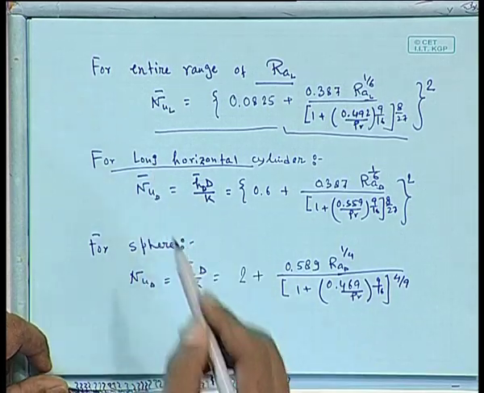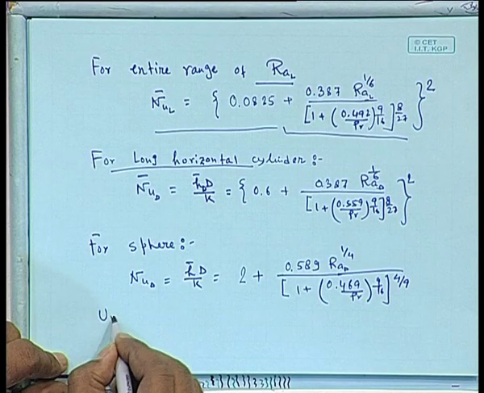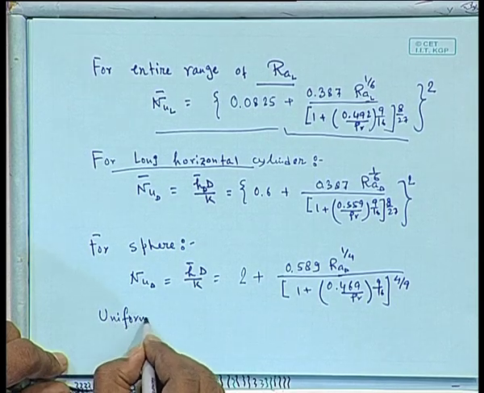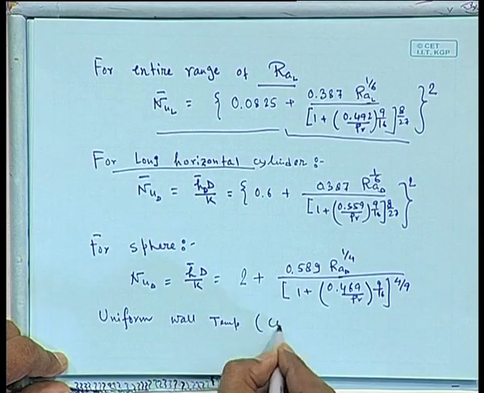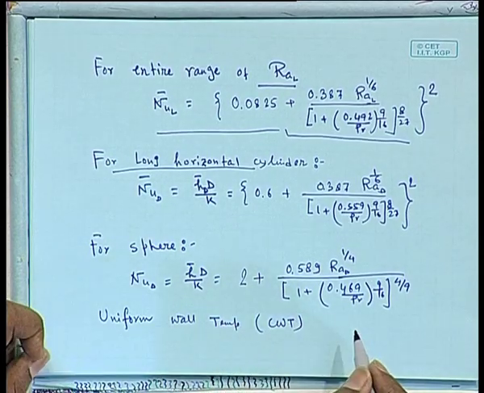Now, all these correlations are for uniform wall temperature, the constant wall temperature condition, CWT.